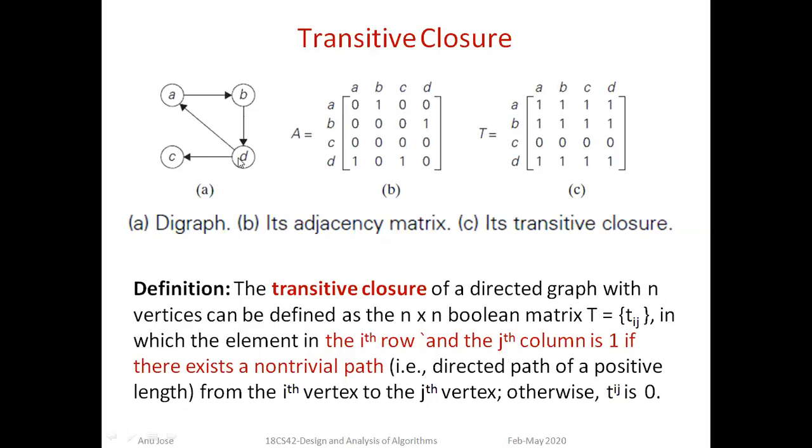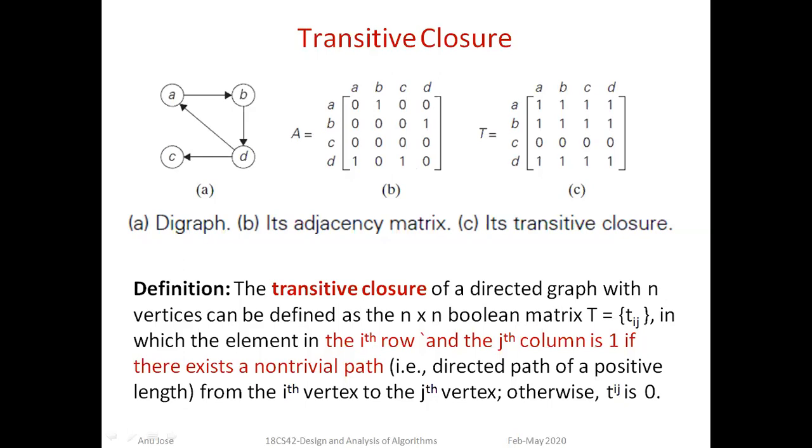Then B to C, there is no direct edge. So it is 0. B to D, there is an edge. So that will be 1. Similarly, the remaining entries. From C, you don't have any outgoing edge. So the complete row will be 0. From D, D to A is there. D to C is there. D to B, there is no direct connection. D to D, there is no self loop. So those two entries will be 0.